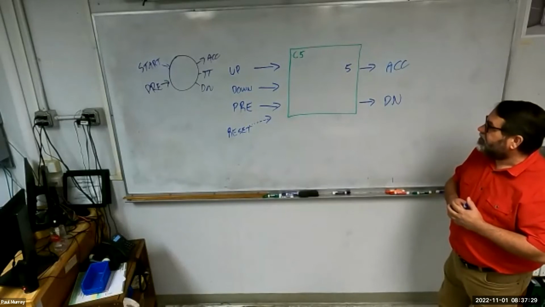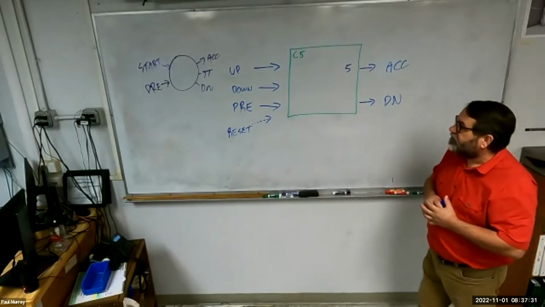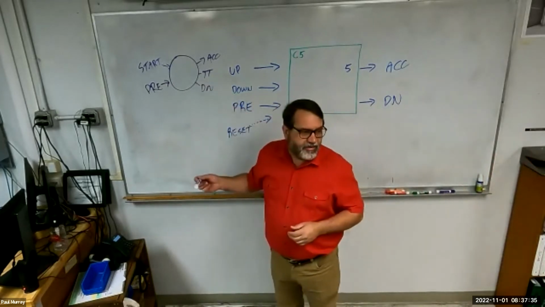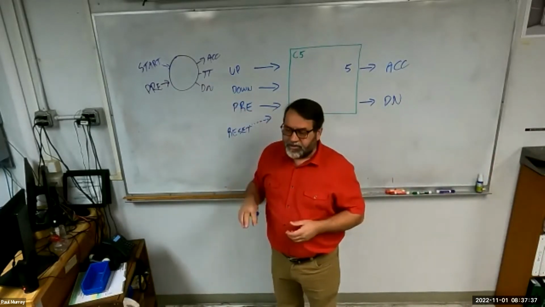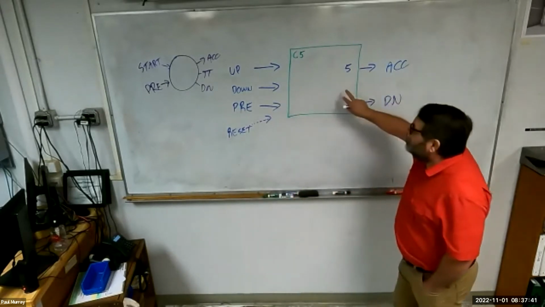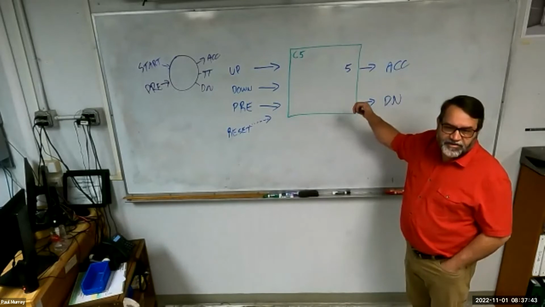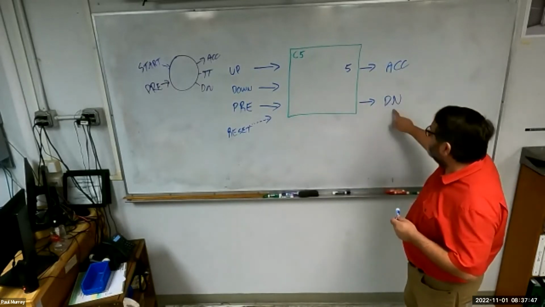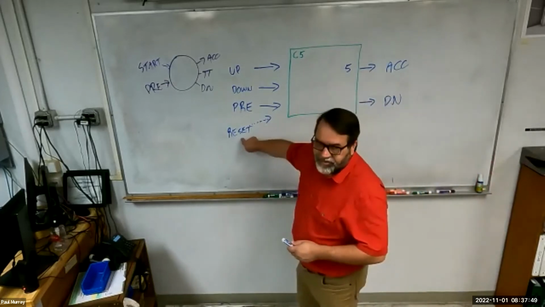And I guess the last difference is with a timer, if you're not keeping it going, it's going to go off and it's going to reset. With a counter, it's not going to reset automatically because it doesn't have to be kept going. So you have to tell a counter that you want it to reset.